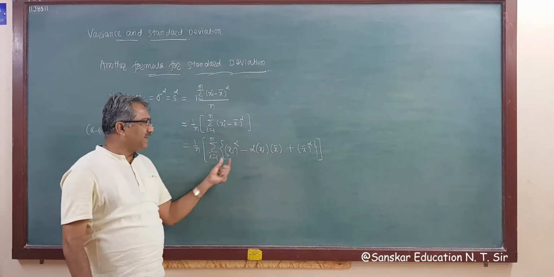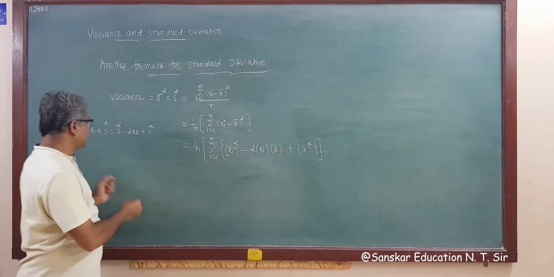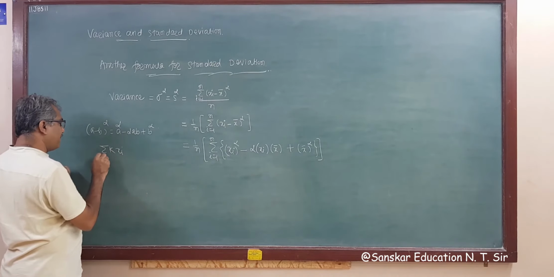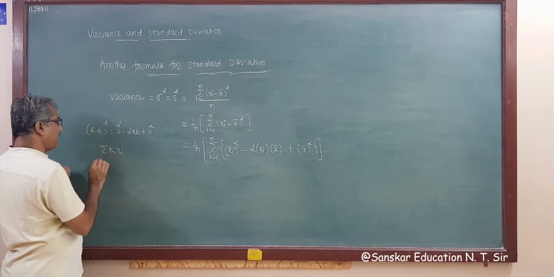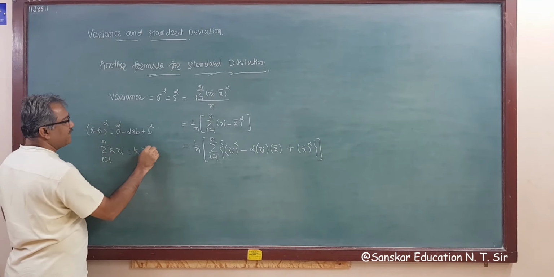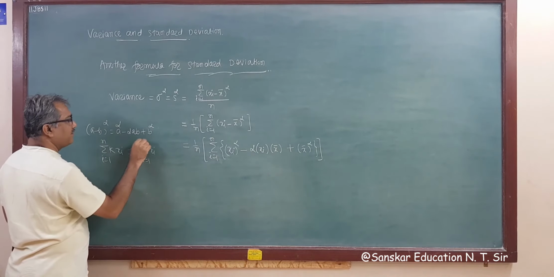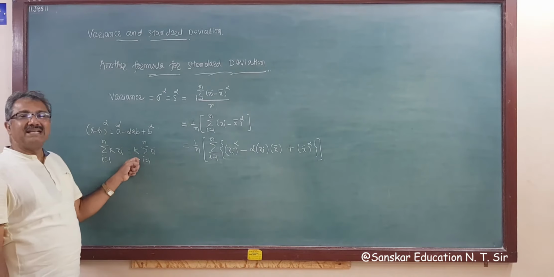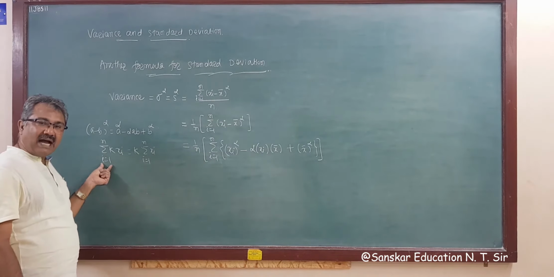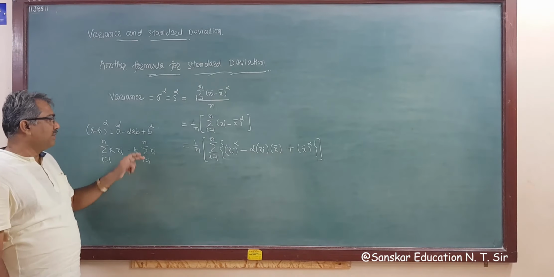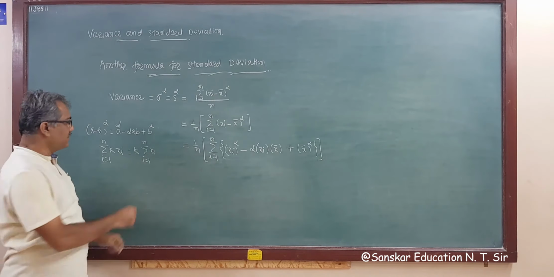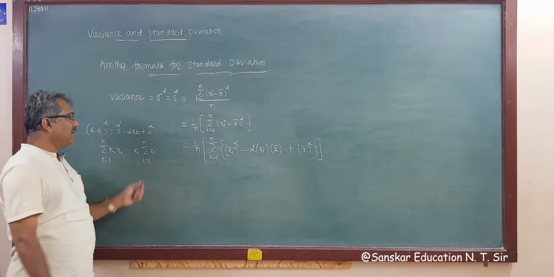While operating sigma, you have one rule: sigma k into xi, i running from 1 to n, then we write k into sigma of xi, i running from 1 to n, because k is constant, and the limit for sigma is i running from 1 to n. So the constant goes outside the sigma sign, and we operate sigma on i only.